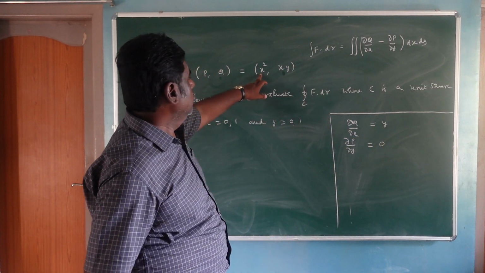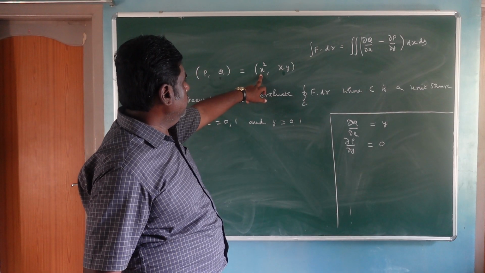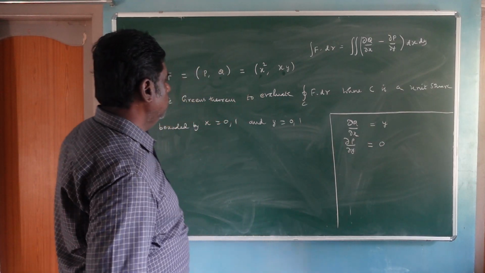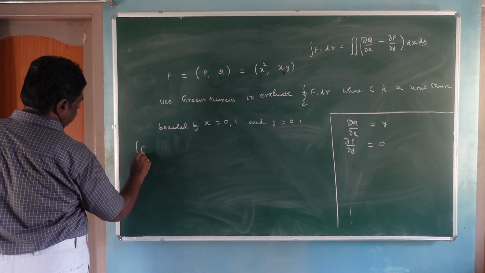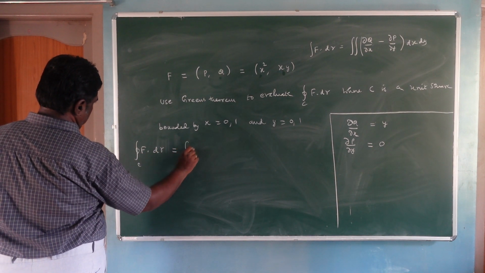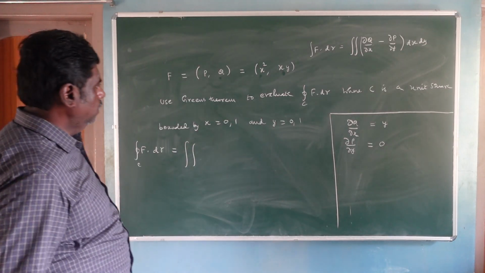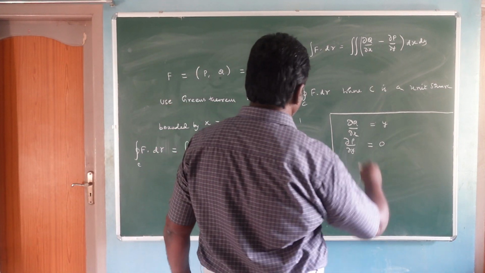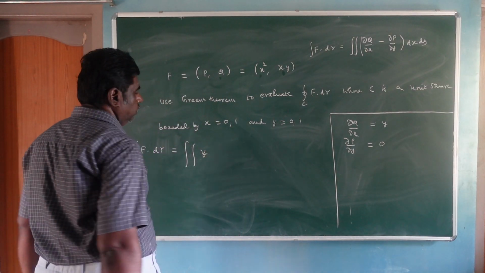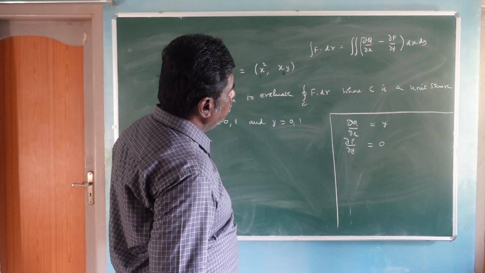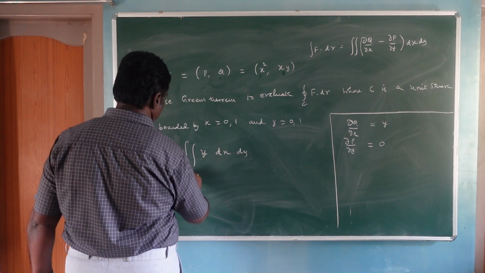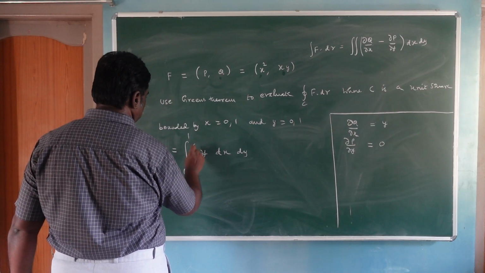See here, this is P. P is x square. Dou P by dou y equal to 0. Now F dot dr equal to the double integral of (dou Q by dou x, that is y, minus dou P by dou y, 0) dx dy. Here 0 to 1, 0 to 1.